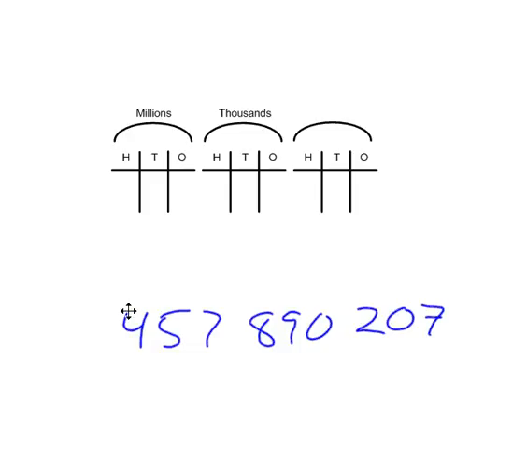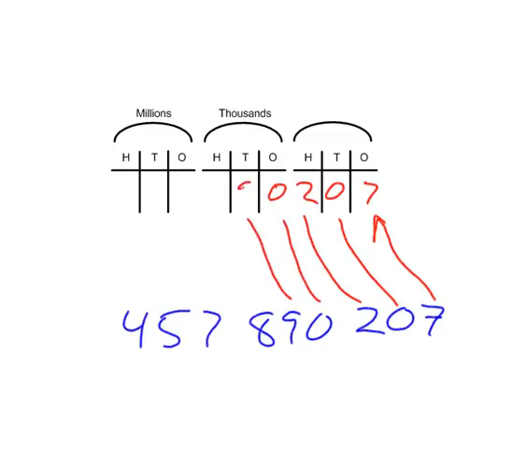Now, every one of these digits within this big number has a value. Always put them into their spots, starting on the right-hand side, because, well, that's our smallest one. I have a 7, a 0, a 2, a 0, a 9, 8, 7, 5, 4. All right, there we go.